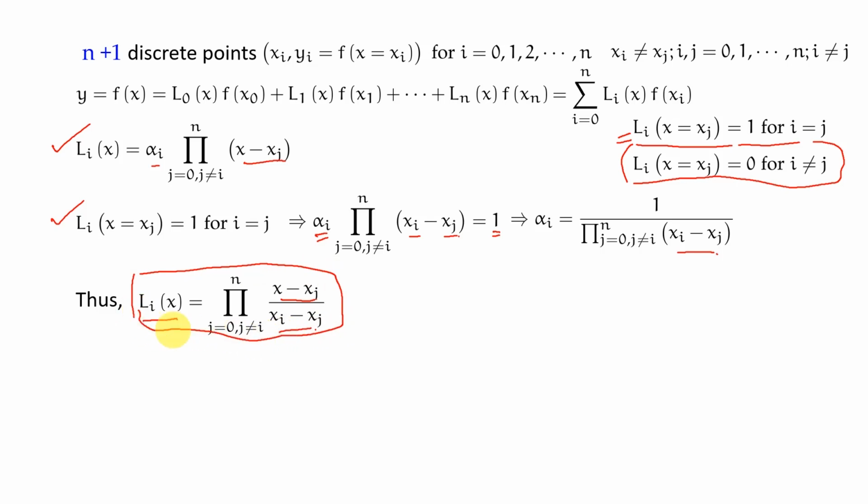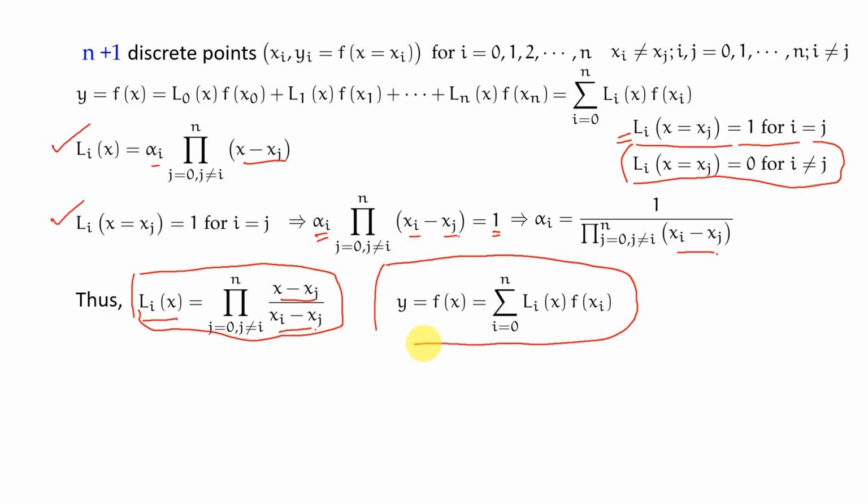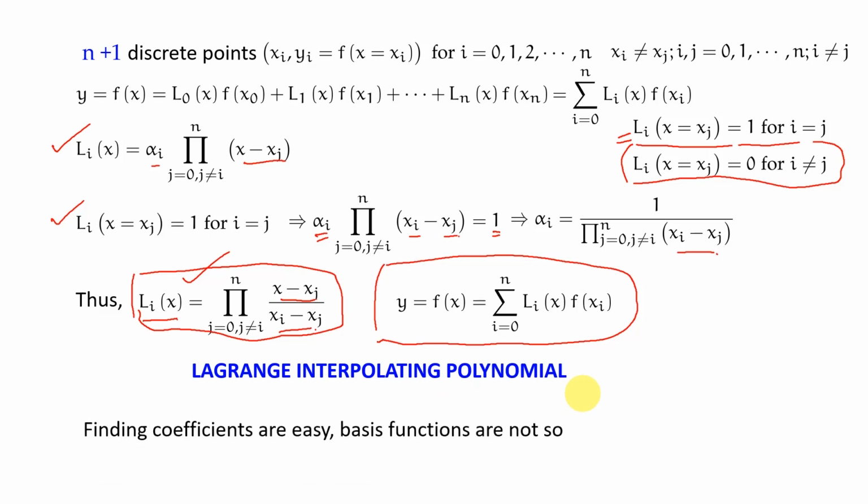We have reached the basis functions finally, and the polynomial can be written now as y equal to the sum of Li(x) f(xi), and I know what the Li's are, so we are all set. And this form of interpolating polynomial is known as the Lagrange interpolating polynomial.